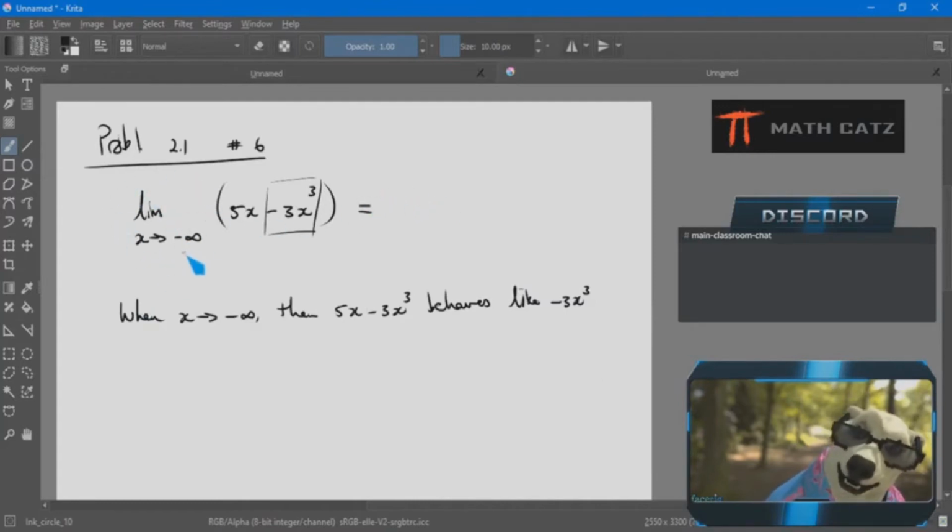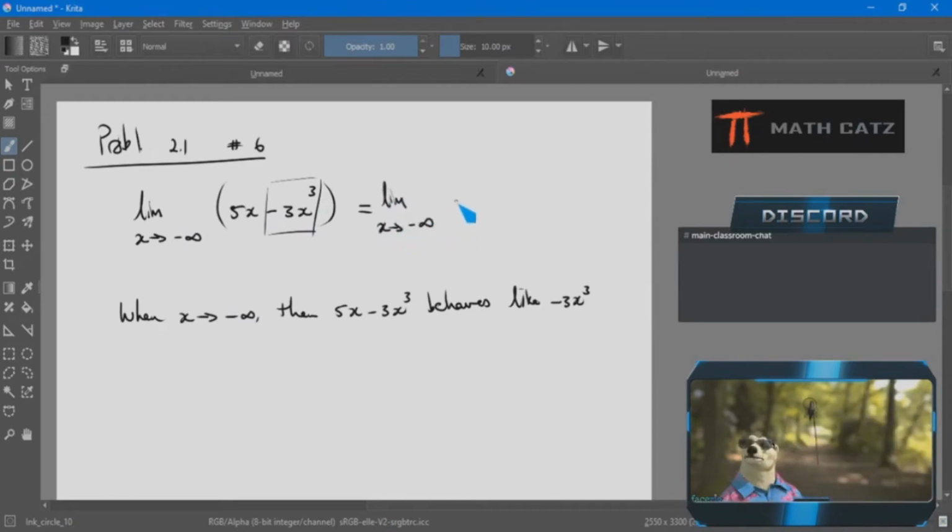Whenever we see limit, we are talking about behavior. So this is asking, what is the behavior of this polynomial? Well, it's the same as the behavior of negative 3x cubed. So the sentence is exactly the same as what we're saying with this limit word.